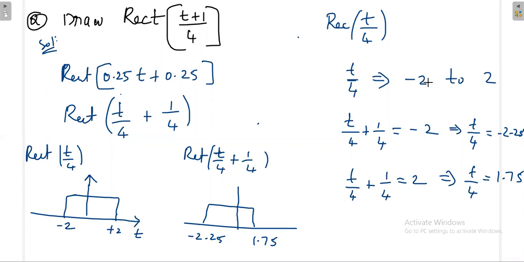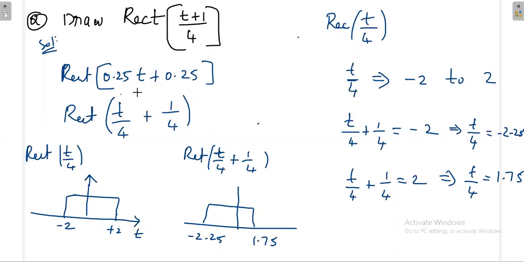Again, in the new, modified signal, t by 4 plus 1 by 4, if you equate with the original value that is minus 2, you will get the value minus 2.25. So minus 2 will be mapped to minus 2.25, and similarly plus 2 will be mapped to 1.75.